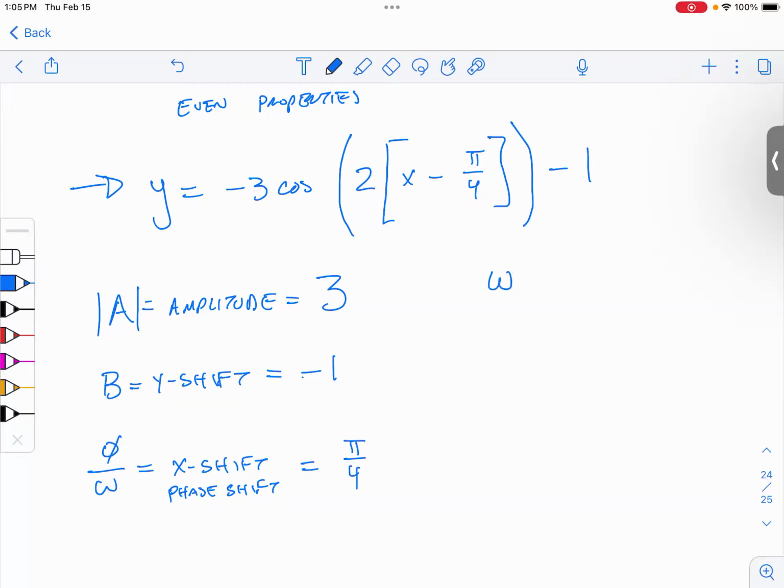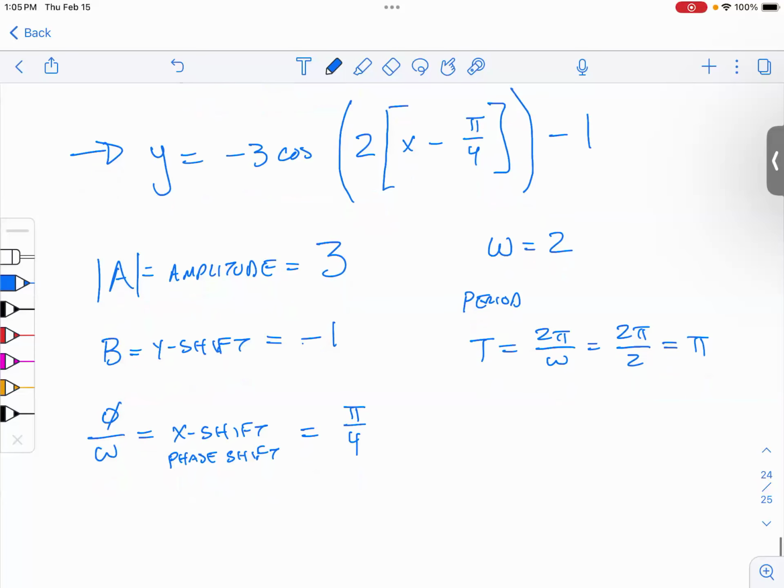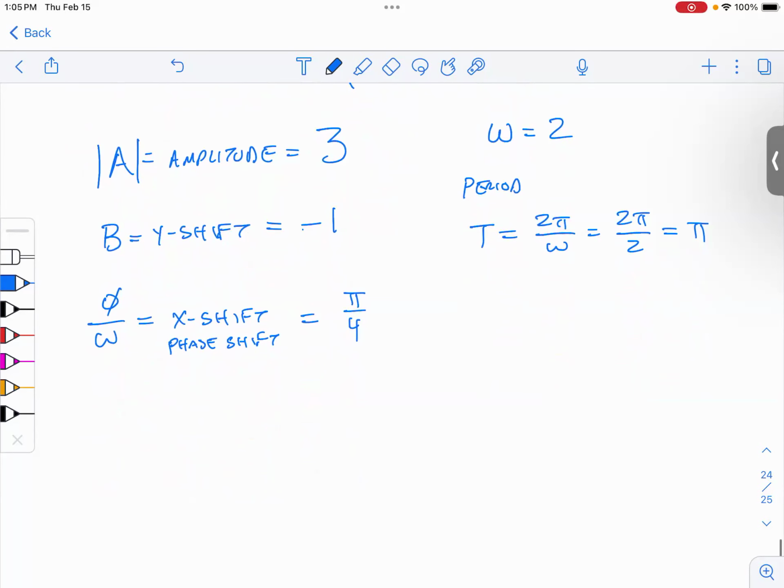And lastly, omega, which we've said already multiple times, is 2, which we use to find the period. Oh, and a nice easy period, pi. Actually, we have pretty good numbers here.